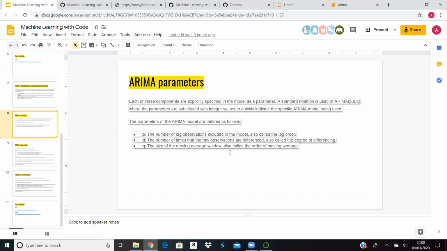That is actually calculating the moving average across, and here we are talking about the moving average window.